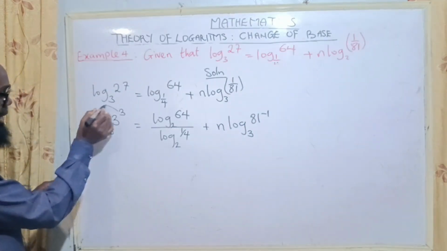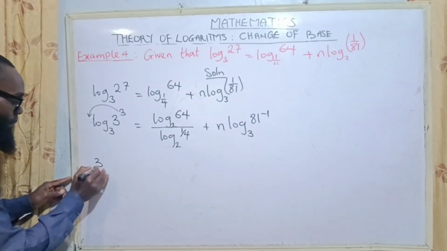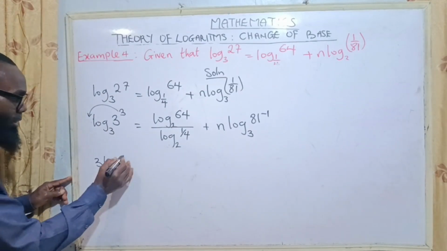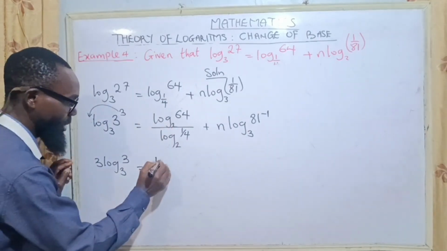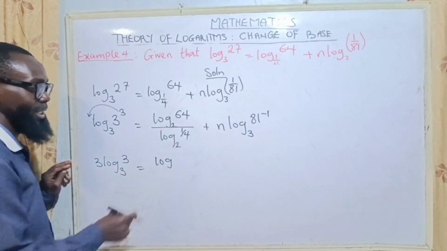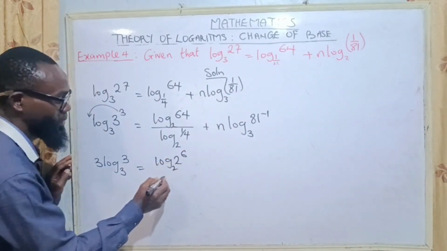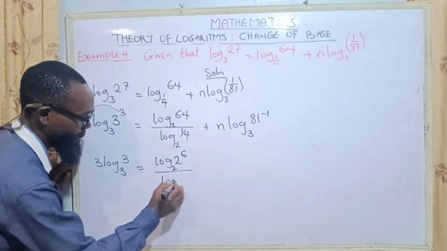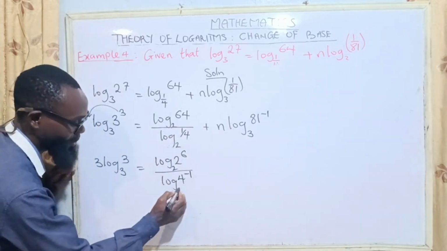So this 3 moves here. So we have 3 log 3 base 3 out there is equal to log 64 can be written as 2 raised to power 6 base 2 over log 1 over 4, it becomes 4 raised to power minus 1 base 2.